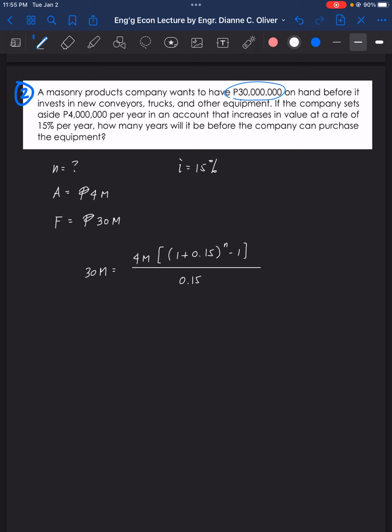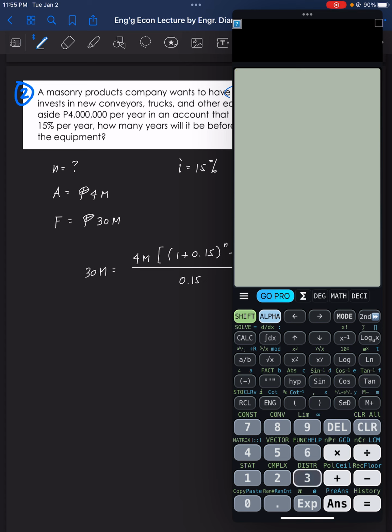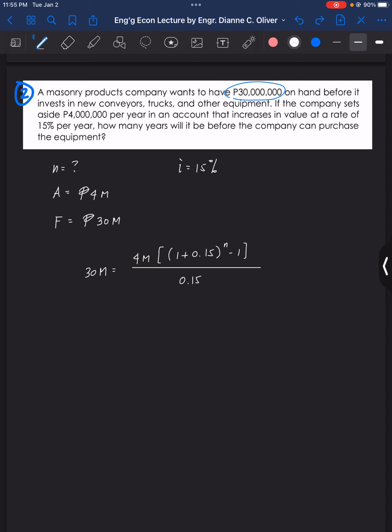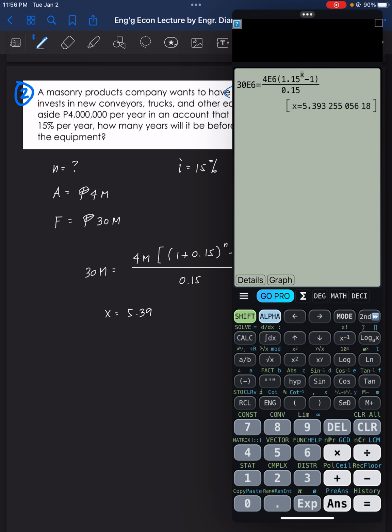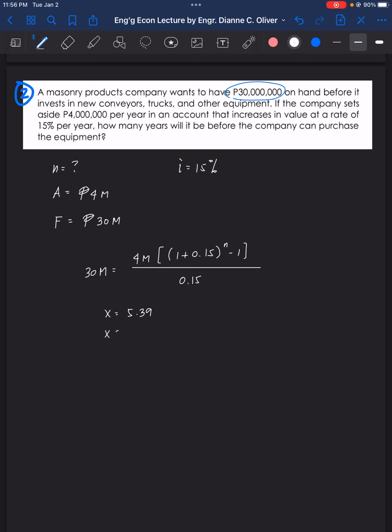Let's try the shift solve. Hopefully it will give you the answer, but sometimes it does not. So 1.15 raised to x minus 1 over 0.15, shift solve. From our shift solve, x is equal to 5.39 years, which is approximately equal to 6 years.